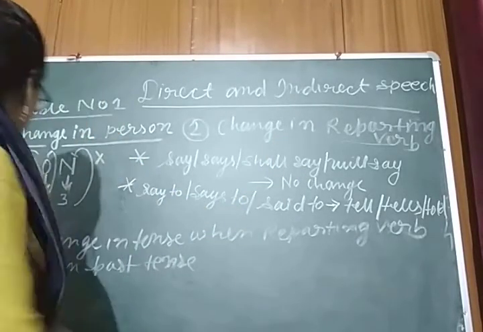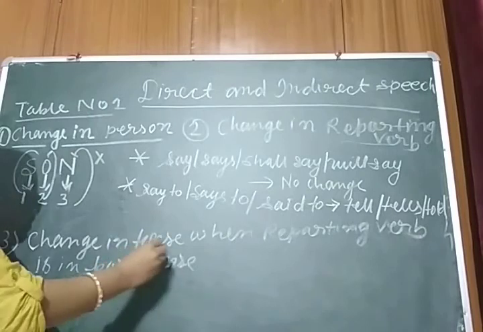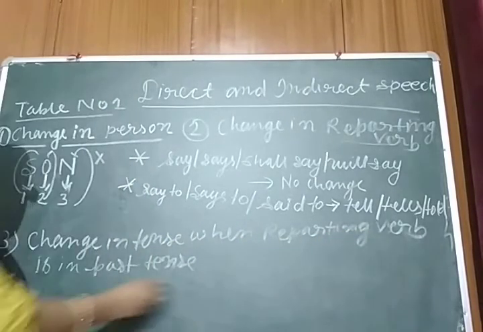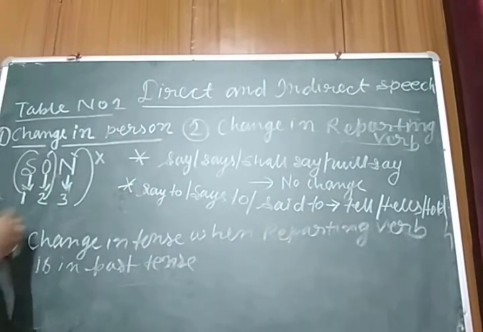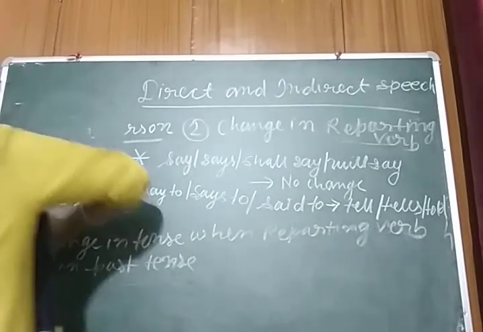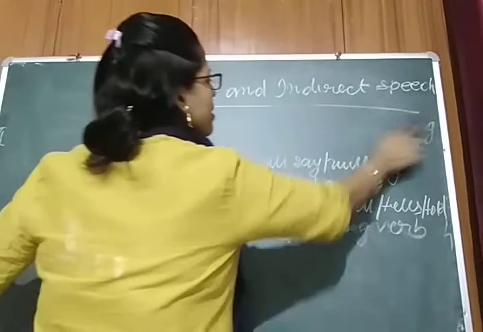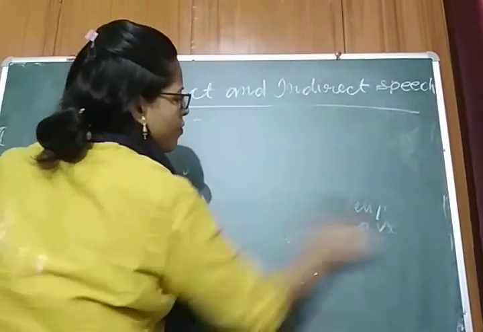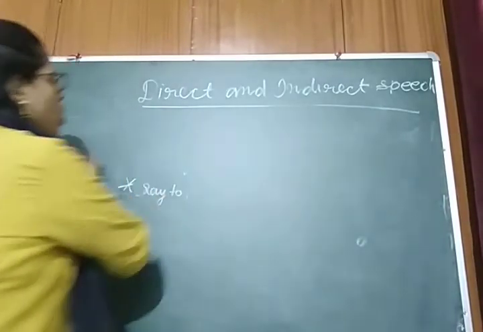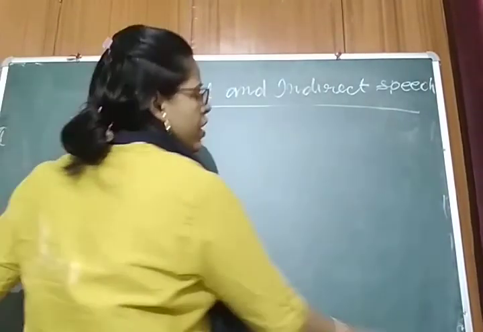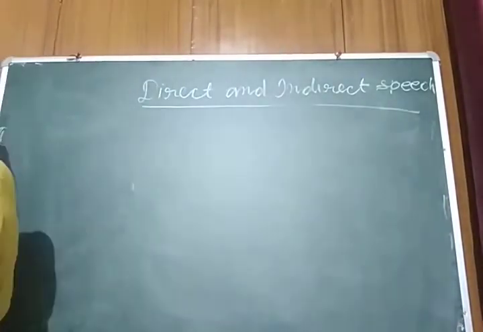Now I am going to teach you how to change the tense when the reporting verb is given in past tense. For this, I need to write it in a big table. So please write it in your shared notebook. All three tables are very, very important to understand this.